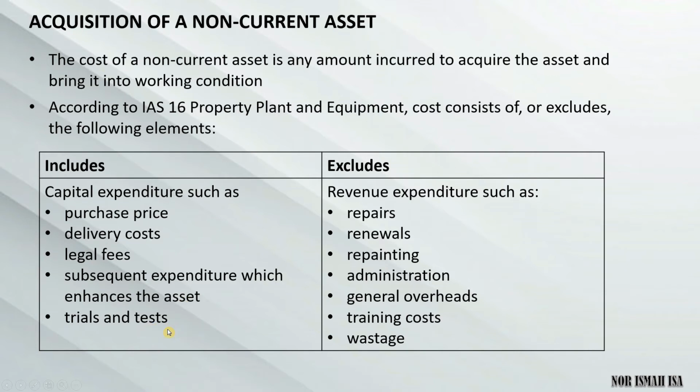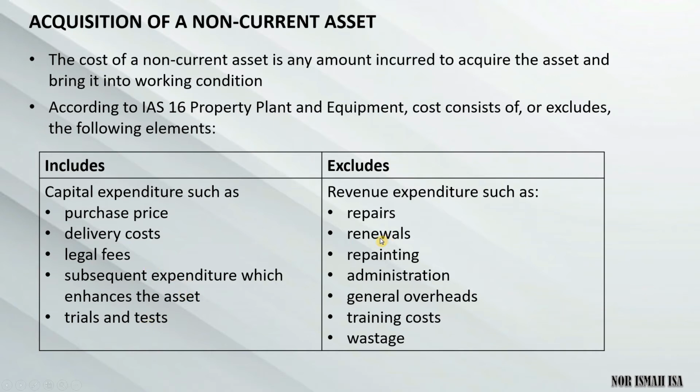Trial or test, for example, when the company buys a machine, in order to use the machine, the company will test the machine first. So the cost of testing the machine will be included as capital expenditure.